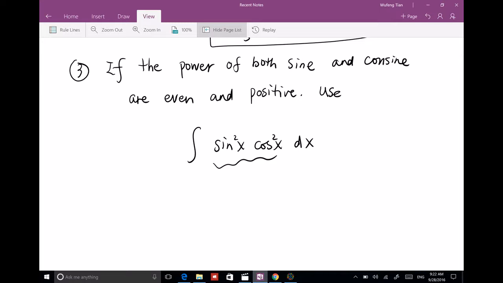The power reduced formula is sine x squared equals half of. Can anyone tell me what sine x squared equals half of what?